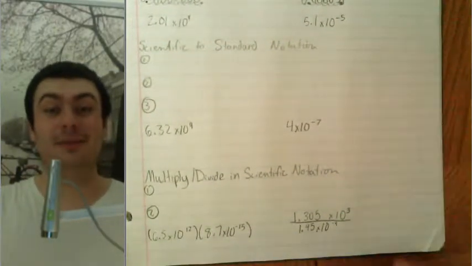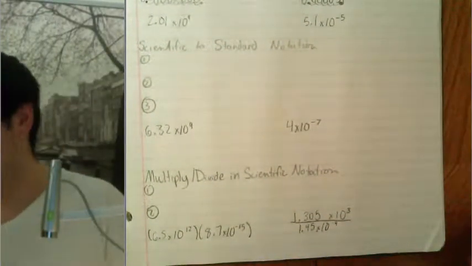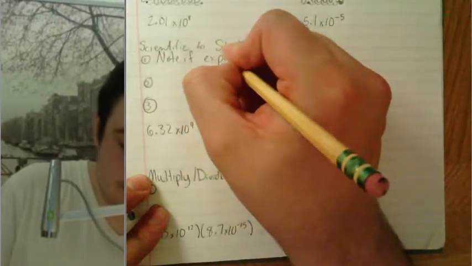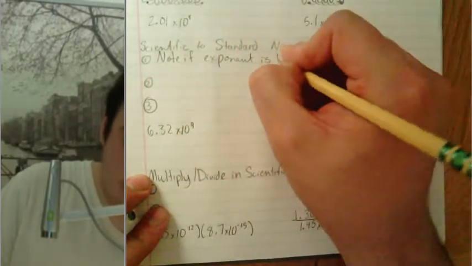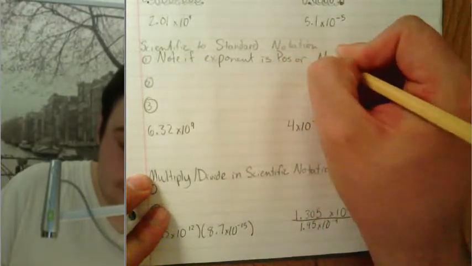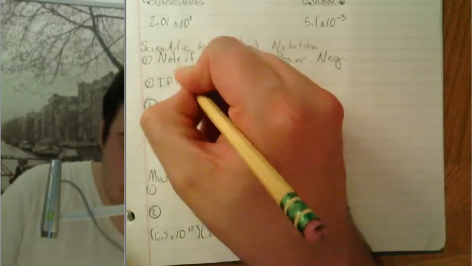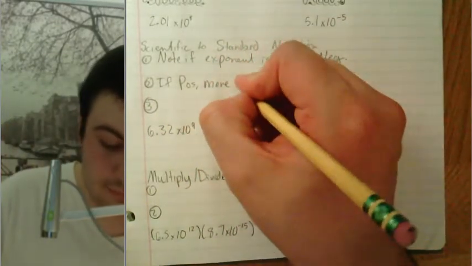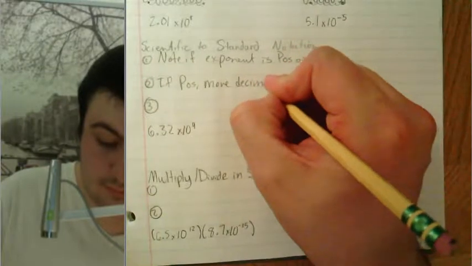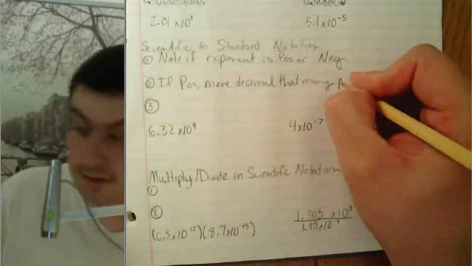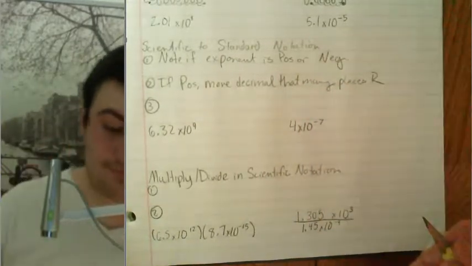Now going from scientific notation to standard, we have 3 steps. First, we need to note if the exponent is positive or negative. After that, if it's positive, we're going to move the decimal that many places right.